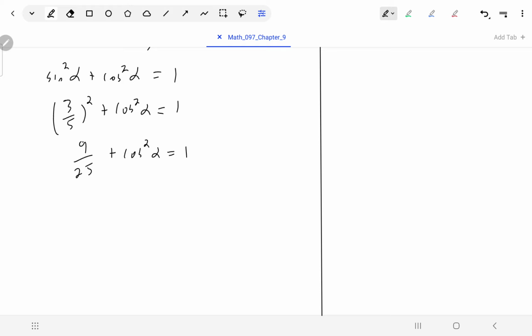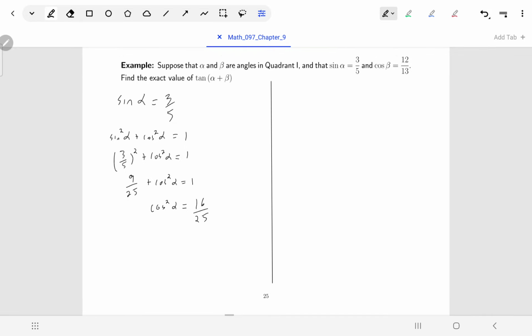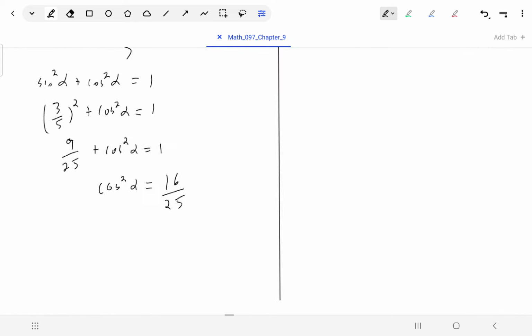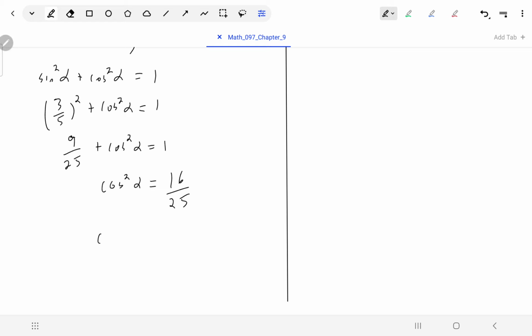Bringing the 9/25 to the other side, I have cosine squared is 1 minus 9/25, which turns out to be 16/25. And when I'm getting ready to start taking my square root, I remind myself that my angle is in quadrant 1, and in quadrant 1 cosine is positive, so that means I should be taking the positive square root. And I'll have positive square root of 16/25, which is 4/5.